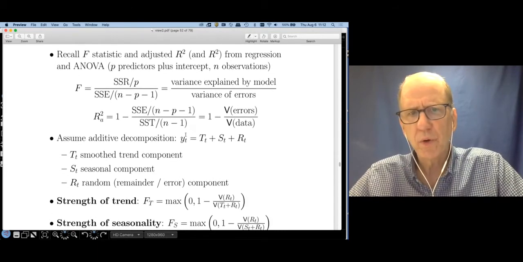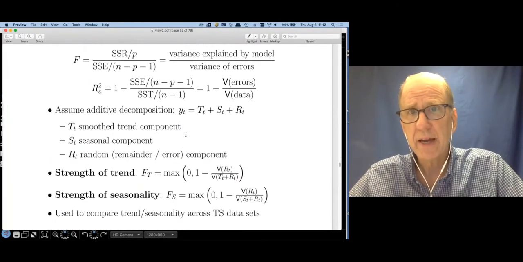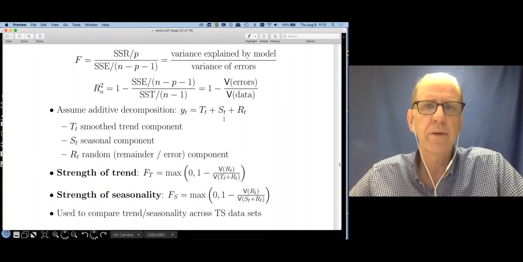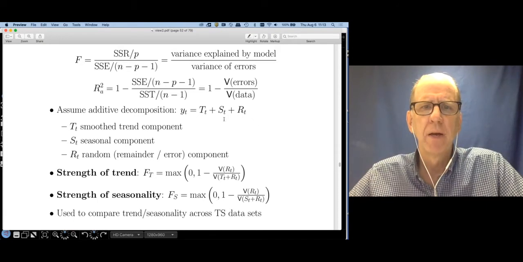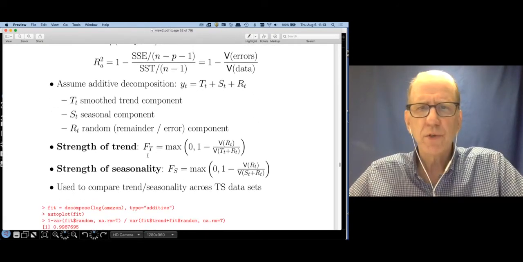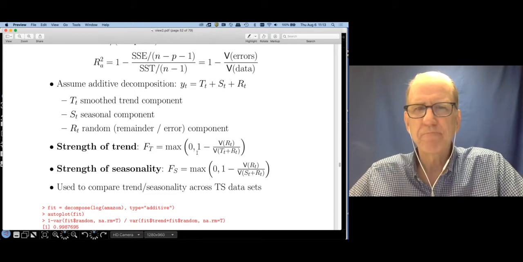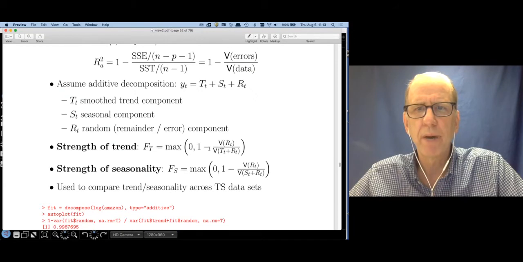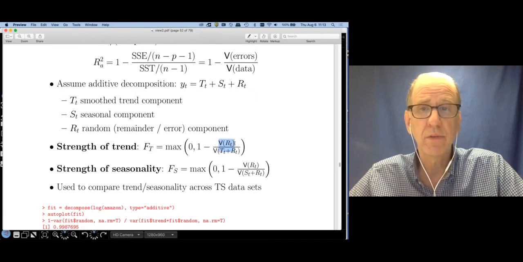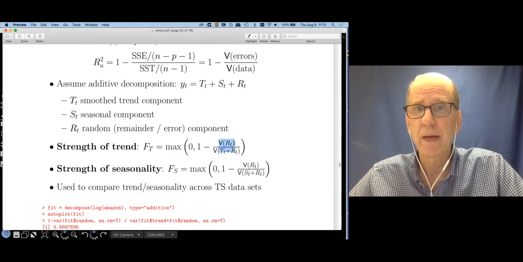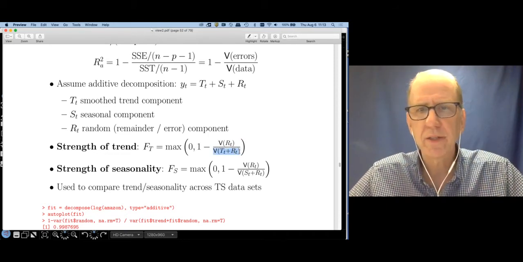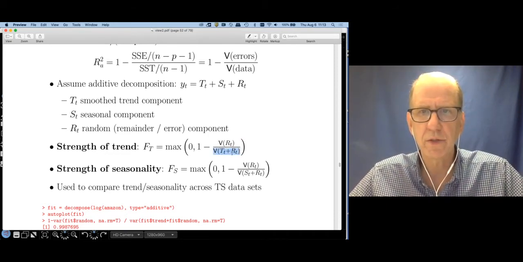So with these measures, what we're going to do is assume an additive decomposition. And if you've got a multiplicative one, I'd recommend just logging it. The strength of the trend looks a lot like the adjusted R squared to me. So it's 1 minus the size of the errors, so the variance of the errors, the random or the remainder error component, divided by how much variance there is in the trend with the errors.